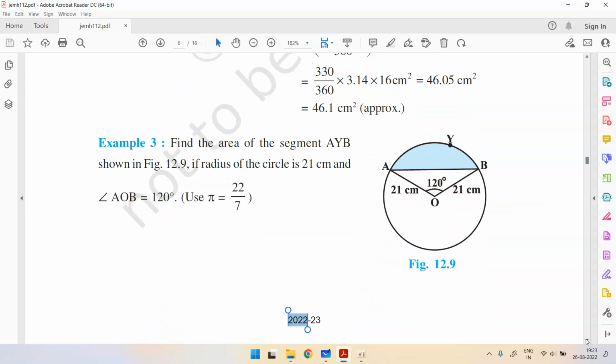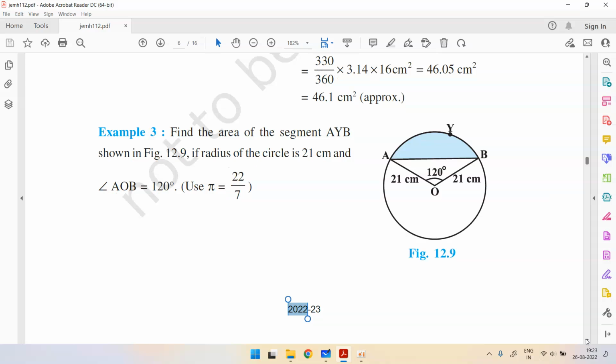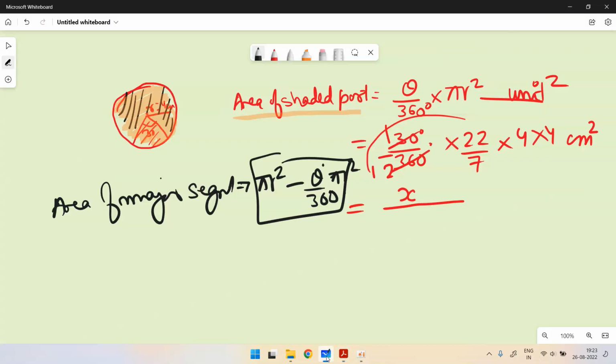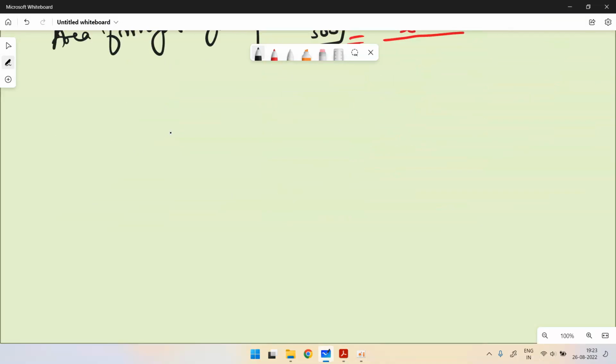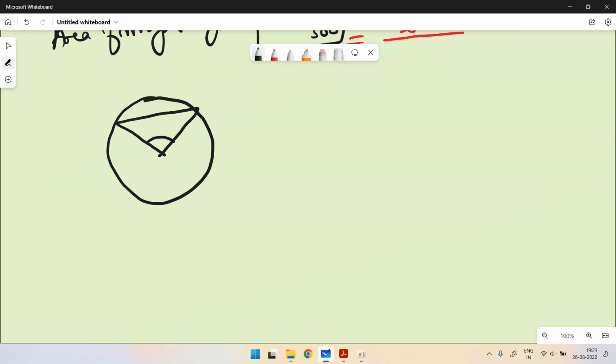Next example: find the area of the segment AYB shown in the figure, if the radius of the circle is 21 and the angle is 120 degree. So you have to find this shaded area AYB. In the last class I told you how to find this. The angle of 120 degrees is given.